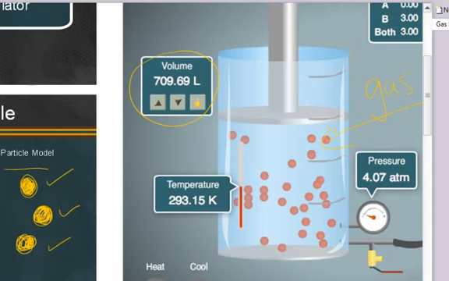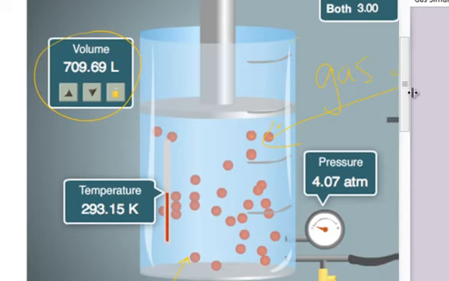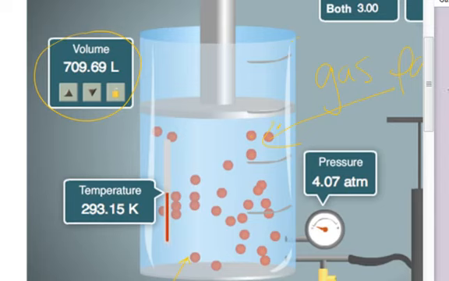Obviously we're way out of proportion with the size of our particles. So we have to use our imagination. If we were to try to simulate the particles at the actual size, of course you would never be able to see them. That's why we can't see gases. So we've blown them up quite a bit for the purpose of starting to develop a conceptual picture of a gas, but we need to remember that these particles in reality are very, very tiny in relationship to the container that they're in.